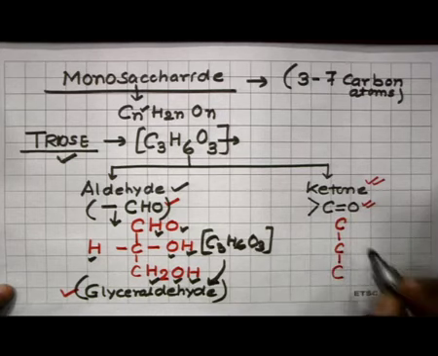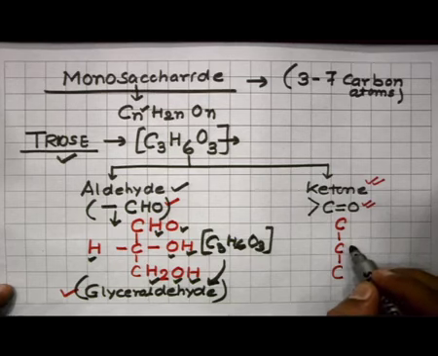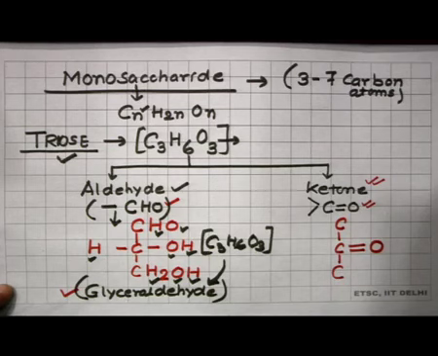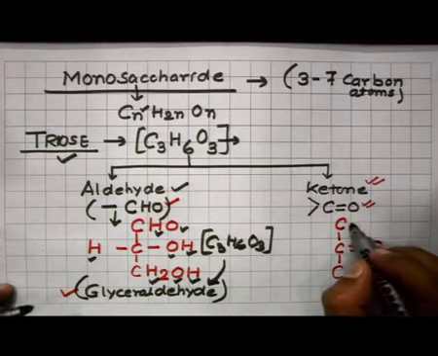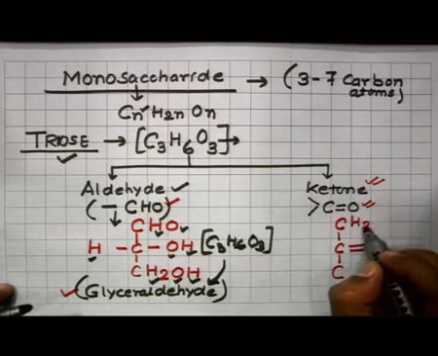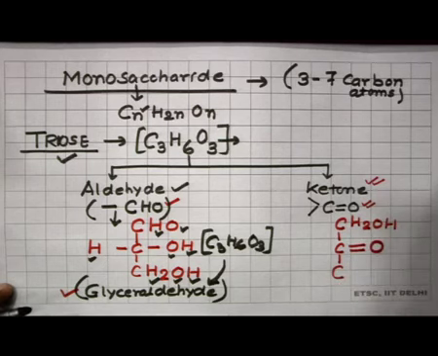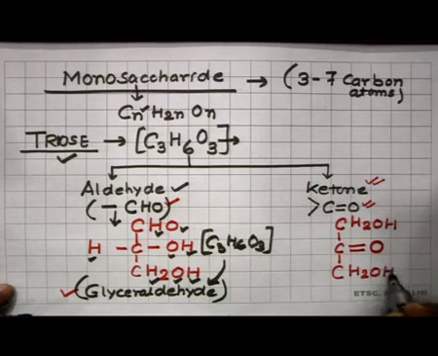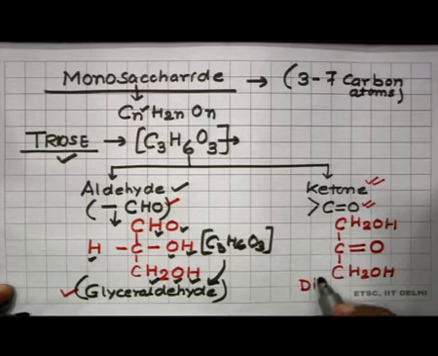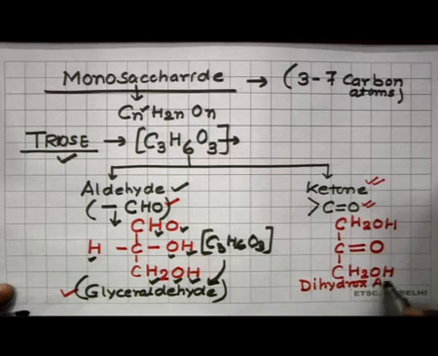At the second position there is the carbonyl group, and in the uppermost first position there is CH2OH and the third position CH2OH. So, this is the formula of ketone triose. Its name is dihydroxyacetone.